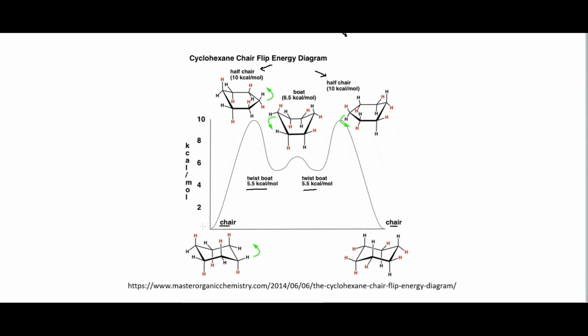energetically favorable. So remember, we're always trying to reduce the amount of energy as much as possible. And so these chair conformations tend to be the most energetically stable. And so if you have a beaker of the compound, you're going to find that if you take a snapshot at any given moment, most of them will be in the chair conformation.